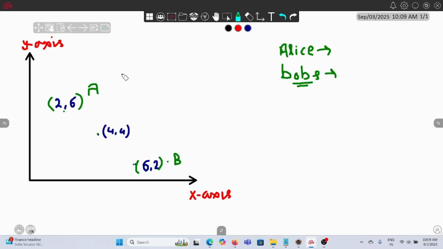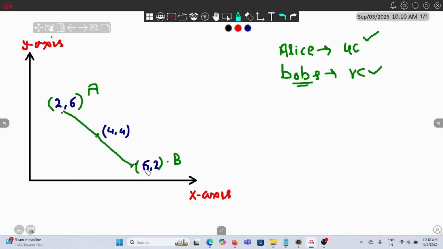If we draw a line like this, connecting these points, you can clearly observe that the first criterion, that Alice is on the upper left corner, is fine, and Bob is on the bottom right corner, that is also fine. But no one should be on this line or below this line. So 4 4 is basically on this line.